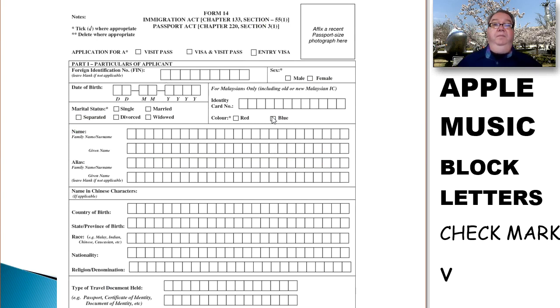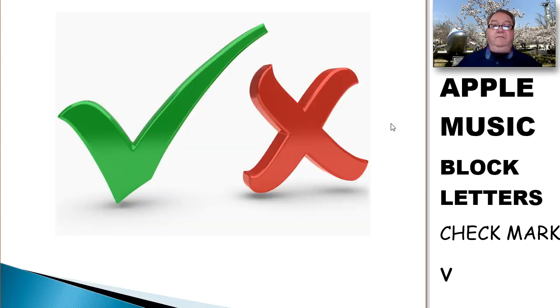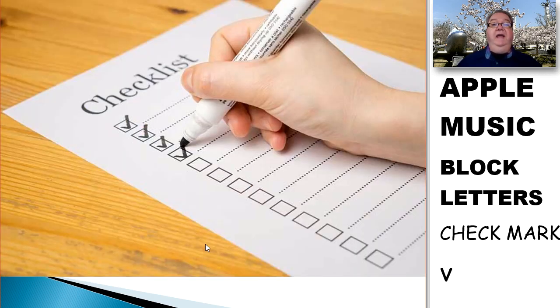So if there's a box and you need to answer it, you could just put a little check in it. Of course, in most cases, if you put an X, they'll understand it, but let's do it the way they want. Put a check mark, a tick mark, and that's what you would use also if you have a checklist.